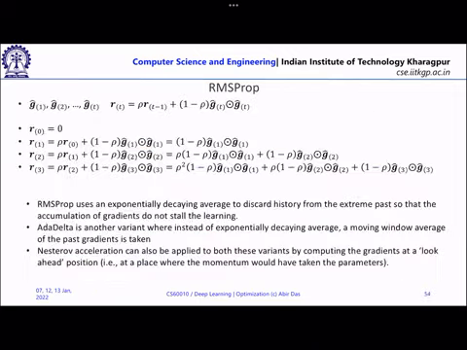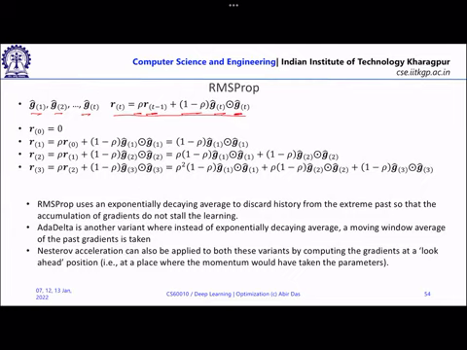So let us see what will happen in this case. As we said, g1 hat, g2 hat, these are the gradient vectors for different time instants or iteration steps, 1, 2 to t, and your rt is this, right? So r0 is 0 because that is what you initialize. What is r1? It is rho r0 plus 1 minus rho into g hat 1 element-wise multiplied with g hat 1.